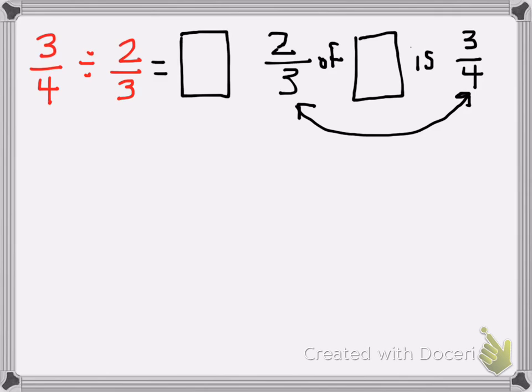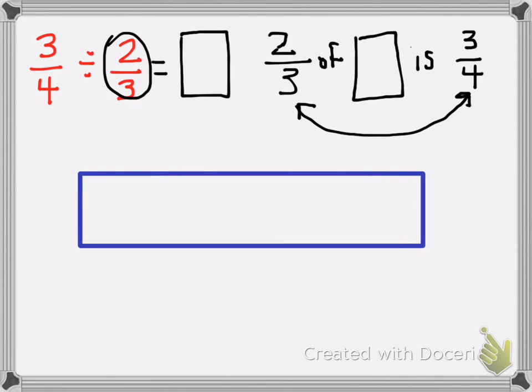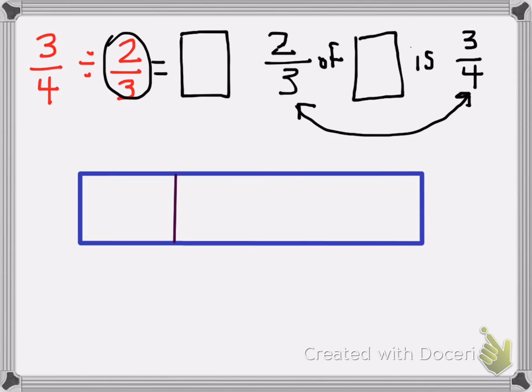So when I make my model, again, I'm going to model my second fraction there. So when I make my model, it looks like this. I'm going to split it into thirds again. And so like that. This time I'm going to shade 2 of them. So there's my model. 2/3 of the whole thing is shaded.